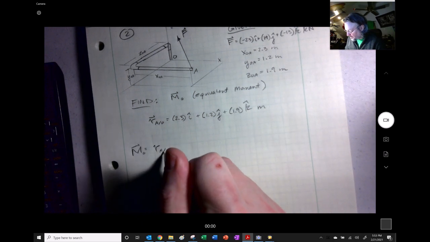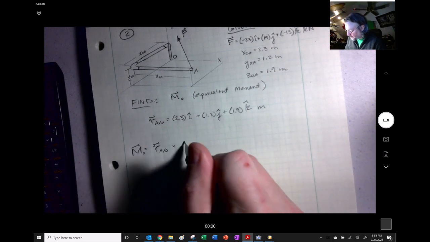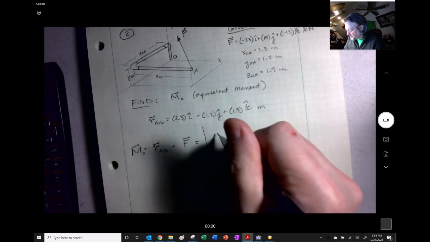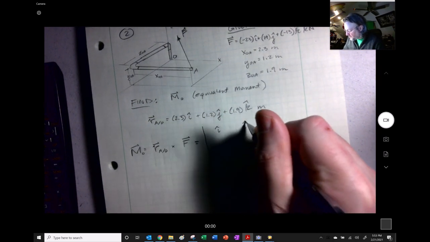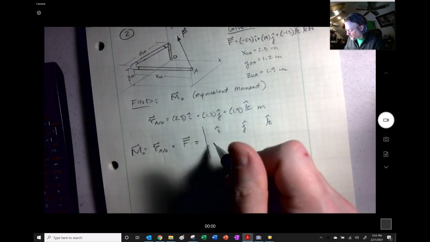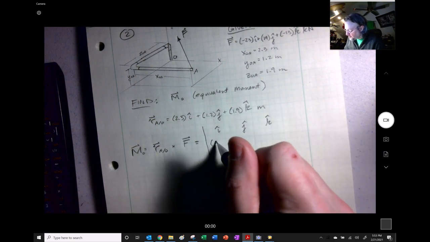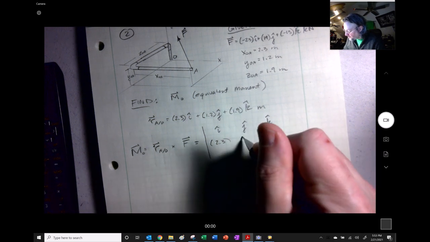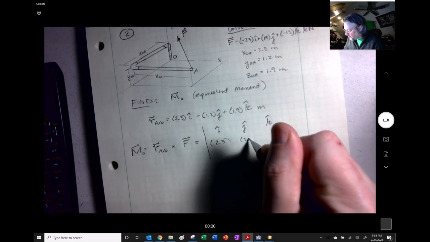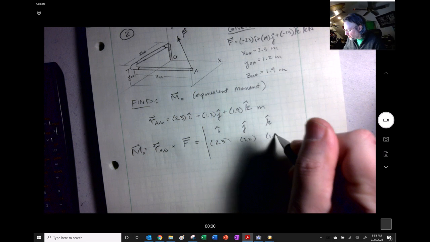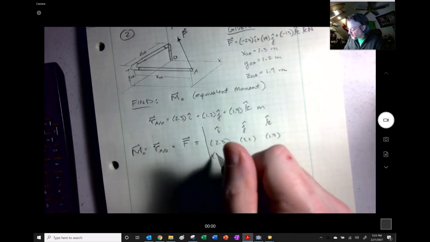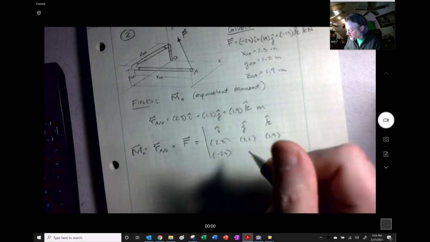Our A with respect to O crossed with our F right there, which is going to give us I, J, and K here. And so it's 2.3 because we do the position vector on the second row here, 1.2 and 1.9, and then we take out our 23, right?